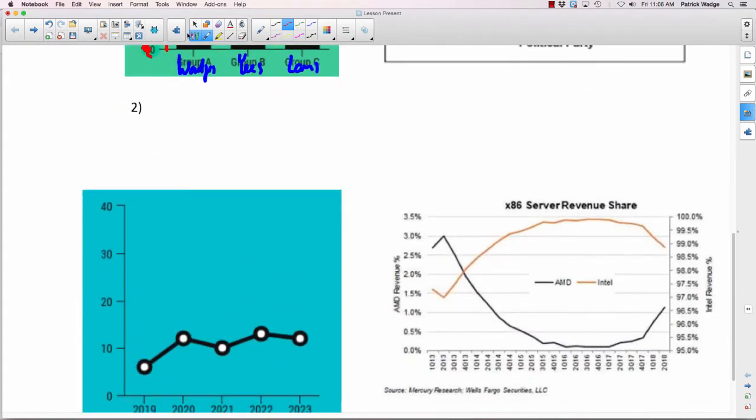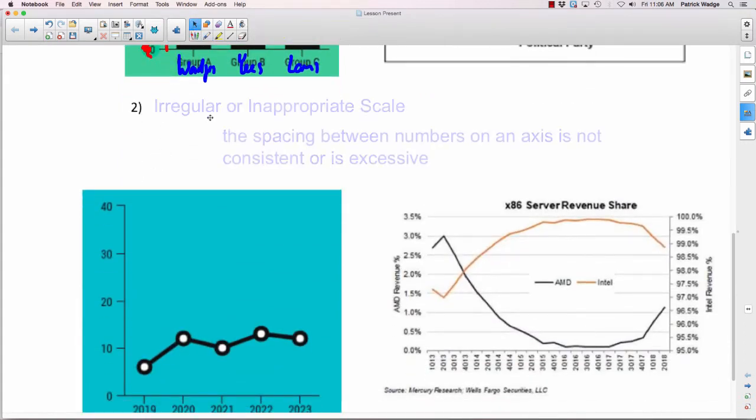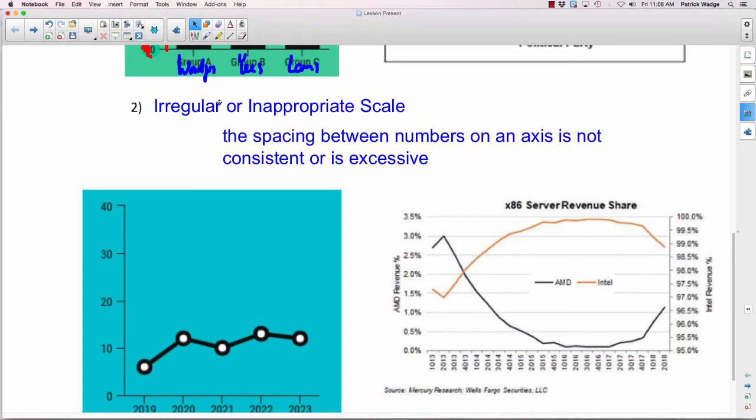Okay, second way to misrepresent data is to have an irregular or inappropriate scale. What that means is the spacing between numbers on an axis is not consistent, or it's excessive. This is like a grade 8 student making graphs.